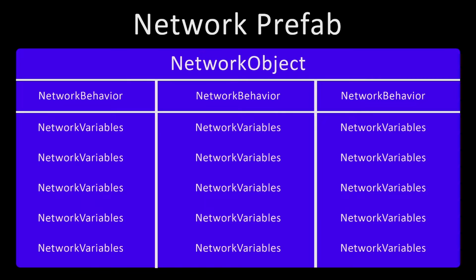A network object has one or multiple scripts that have network behaviors, and each network behavior can have its own network variables and RPC calls. I hope this little recap helps you understand exactly how those things relate to one another.